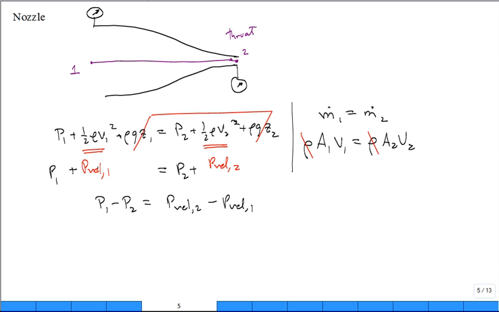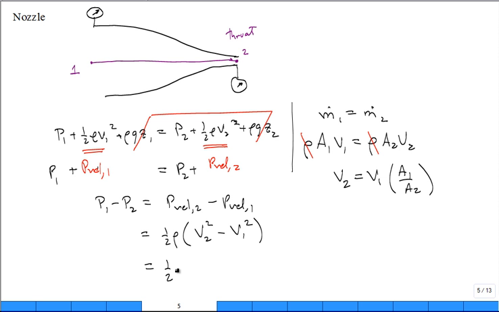And now we have a relationship between the velocities. Do you want to remove one or the other? Velocity at 2 is equal to the velocity at 1 times A1 over A2. Is that true? We could bring that in over here. We have 1/2 rho (V2 squared minus V1 squared).